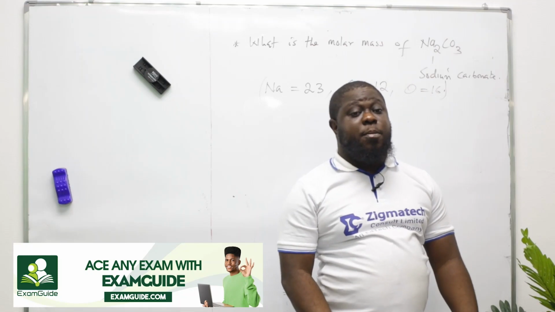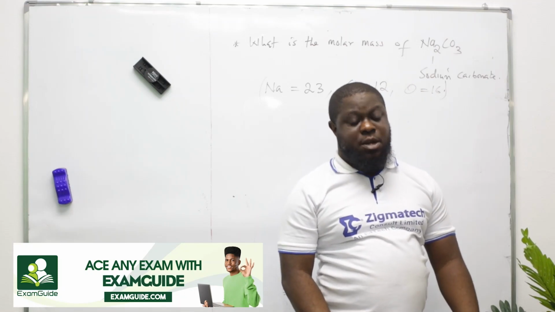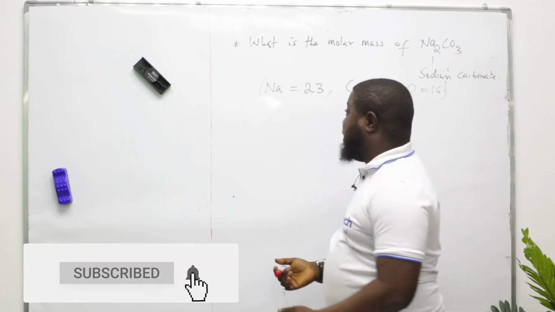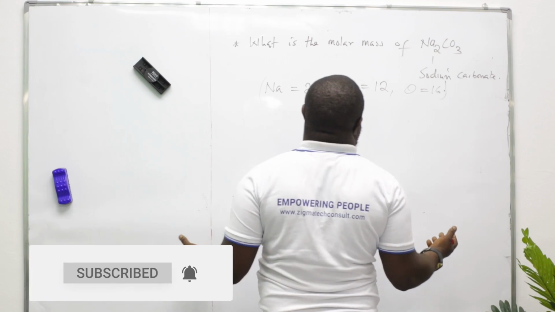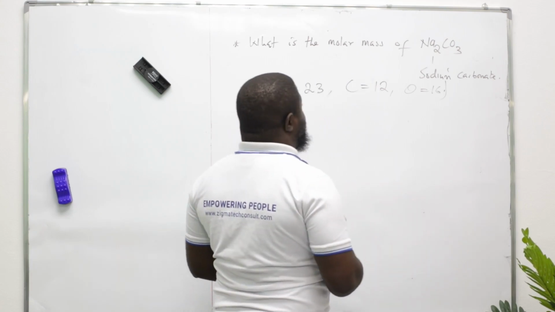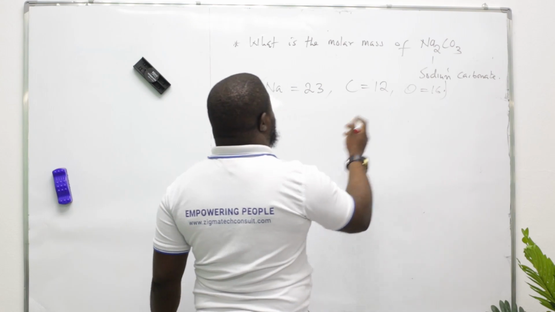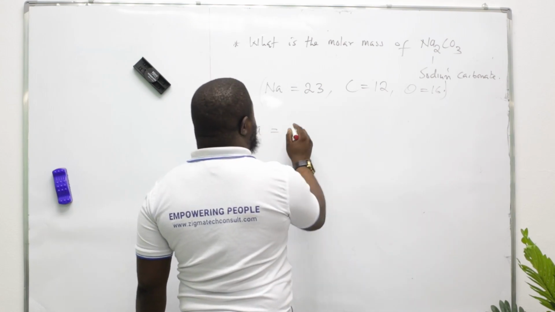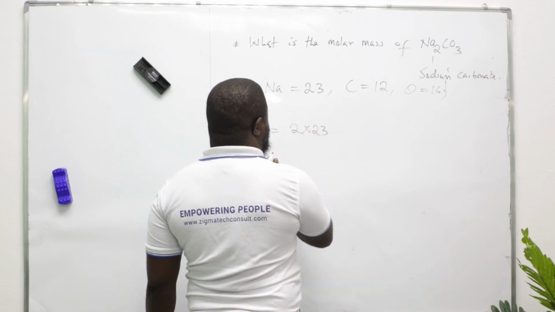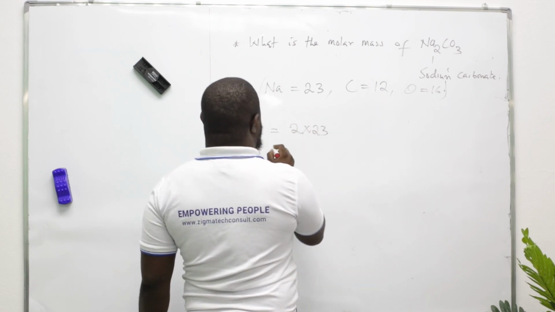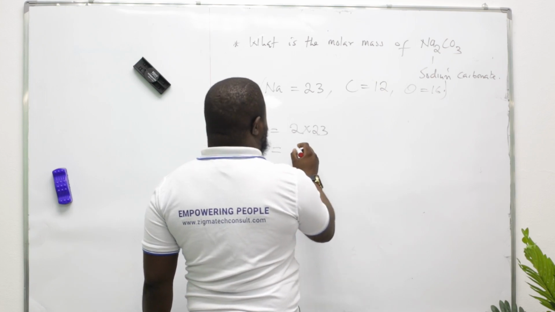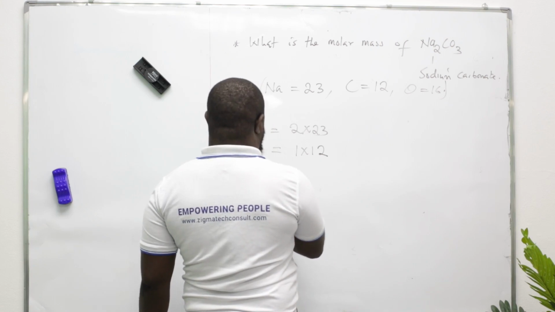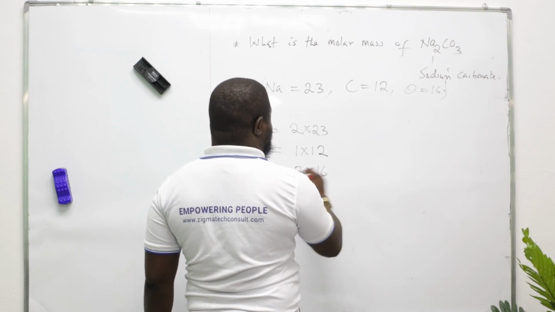They said it is a sum of the total mass in grams of atoms present to make up a molecule per mole. It's just the same thing. Now, for sodium carbonate, Na is equal to 2 times 23, C is equal to 1 times 12, and O is equal to 3 times 16.